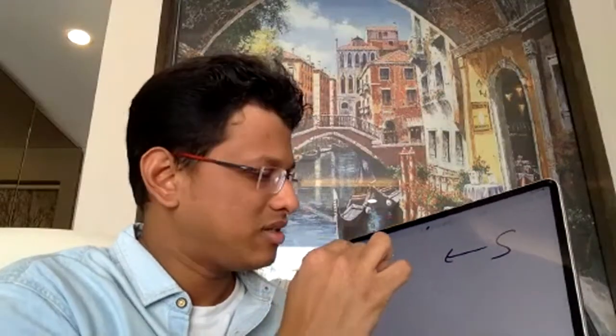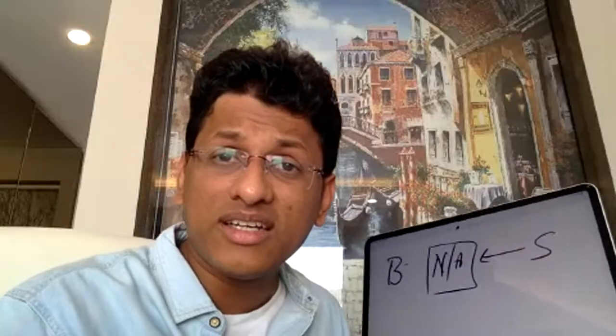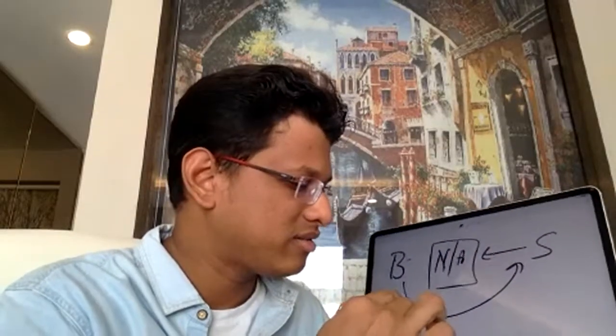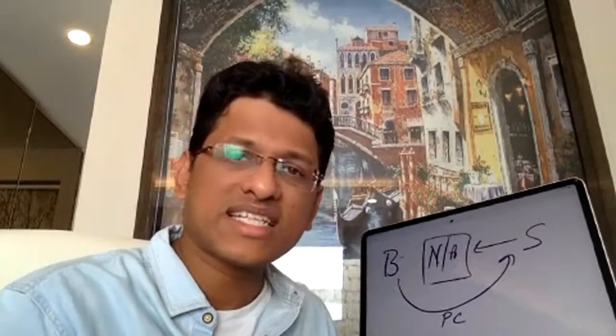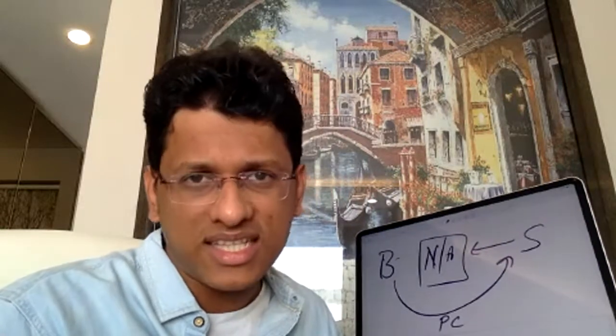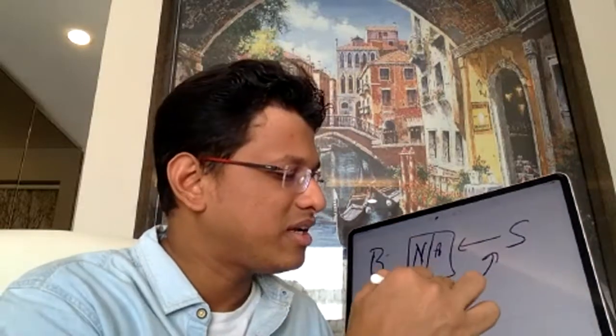Now, concentrate carefully, friends. I am the buyer. I am buying from the seller net assets. I am buying what? Net assets, for which I will make purchase consideration payment.